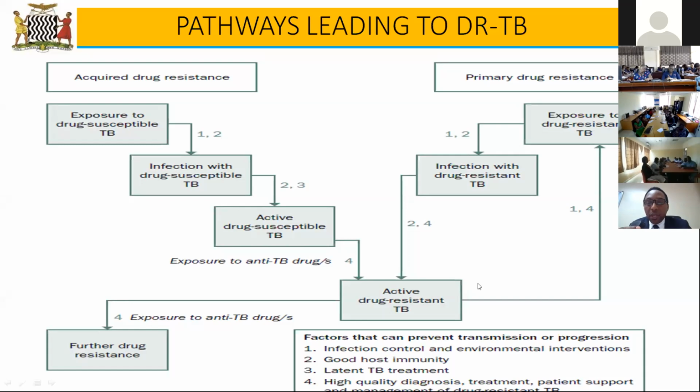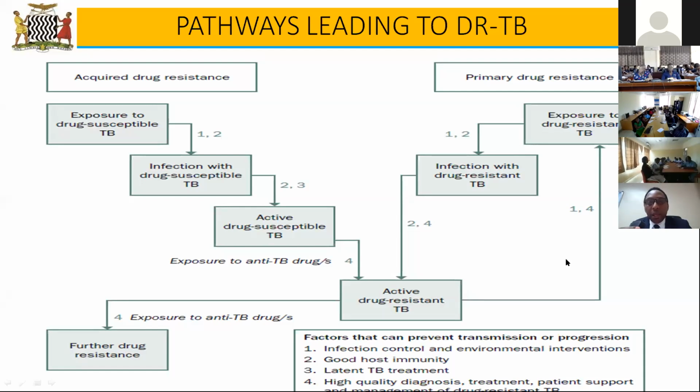So what does this mean? That this individual who suffers primary drug-resistant TB, he or she inhaled a bacteria that was already resistant to the TB drug. So how does that inhaling come about?